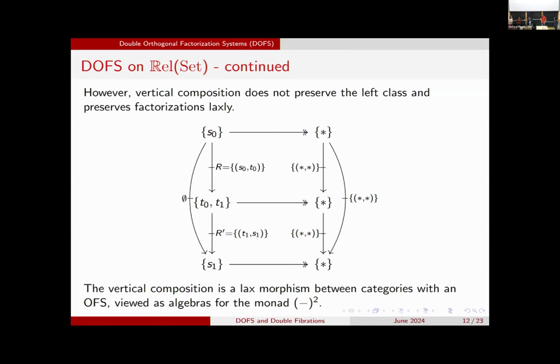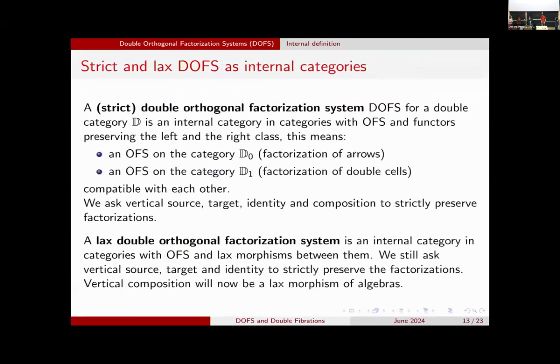And this brings us to our initial definition of a double orthogonal factorization system. A strict double orthogonal factorization system is obtained by first considering the category of categories equipped with an orthogonal factorization system and functors between them which preserve the left and right class of morphisms.